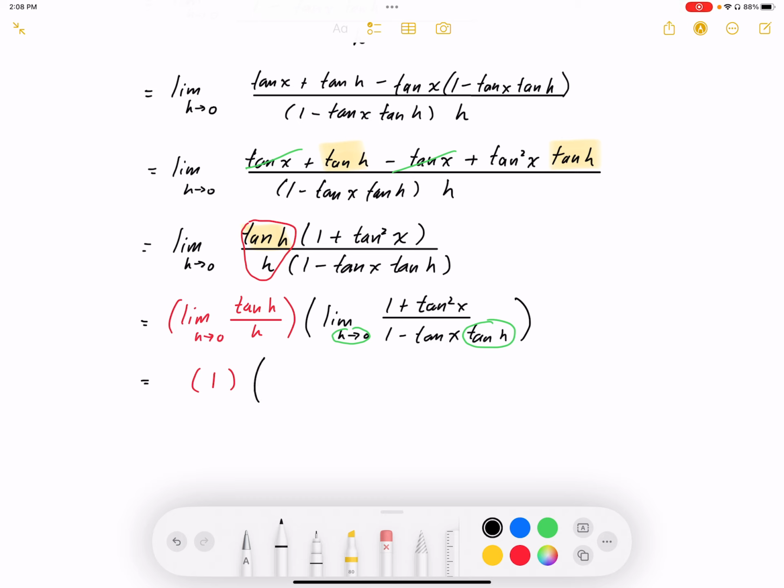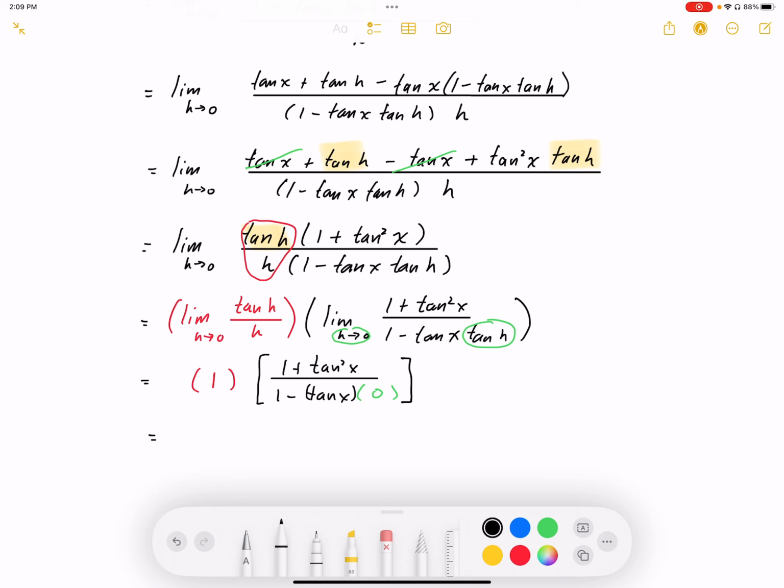And so I end up with 1 plus tan squared x over 1 minus tan x times tan 0, which works out to be 0. So what I've done here is I've just evaluated my limit by substituting in. What I've substituted in is that h is equal to 0. I've generated this 0 in the denominator, and now I can evaluate the rest of this limit.